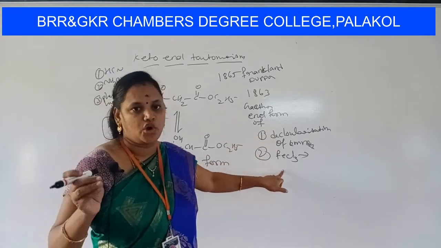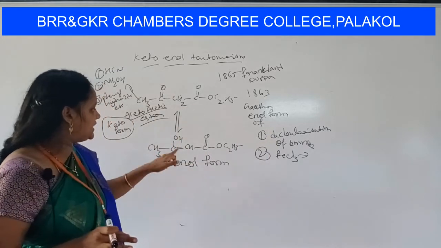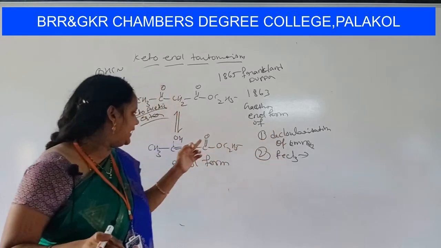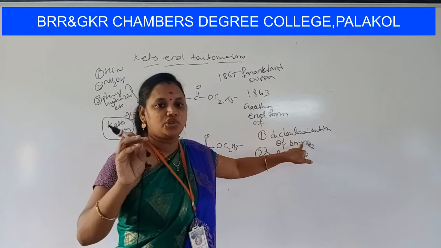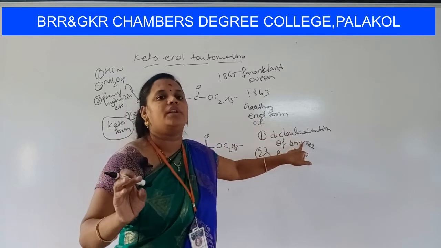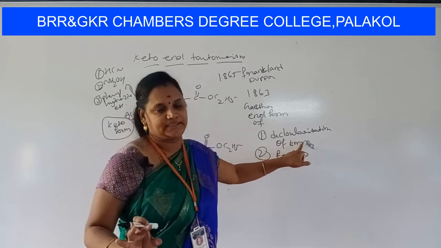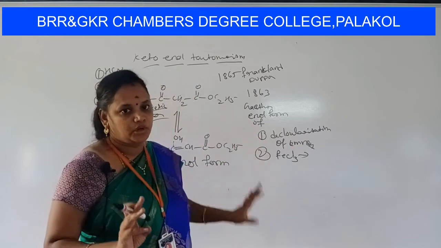It is the test for an alcohol OH group. So the scientist Geuther did the test for the OH group by FeCl3, and he did the test for unsaturation using KMnO4. Clear, students? We have given 2 points and confirmed 2 tests.